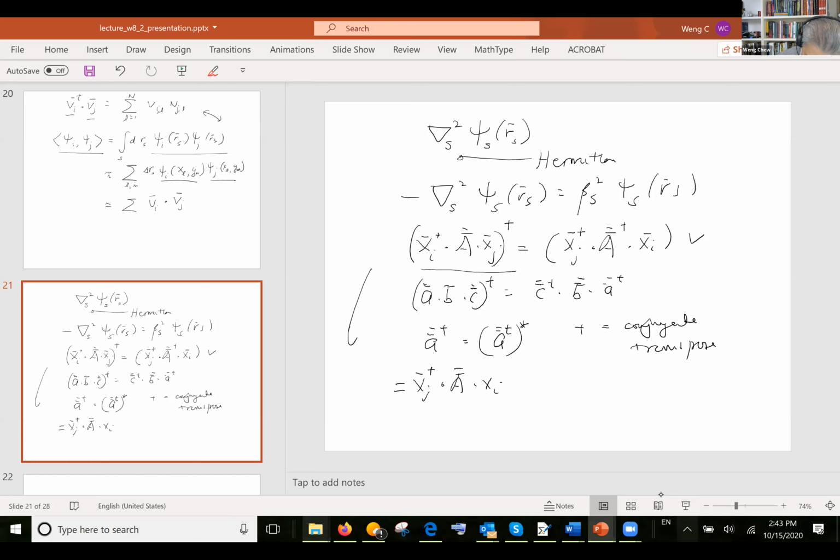If this inner product equals that inner product, that means that A is Hermitian.